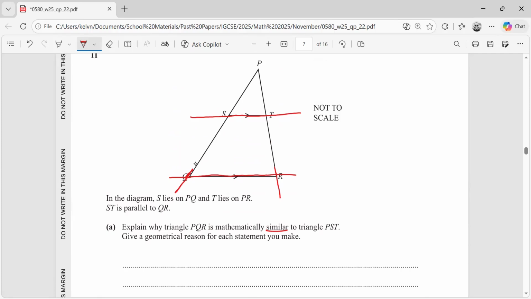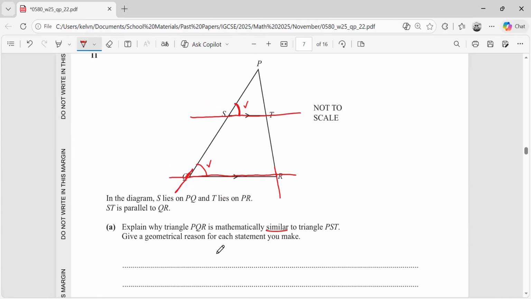For example, remember I extended the parallel lines, then the transversal line. Based on parallel lines and a transversal line, these are corresponding angles, right?